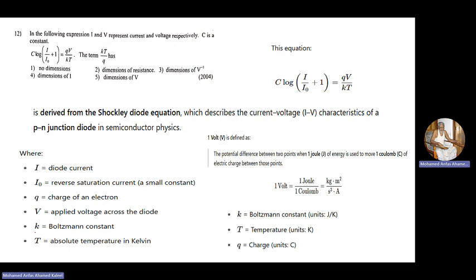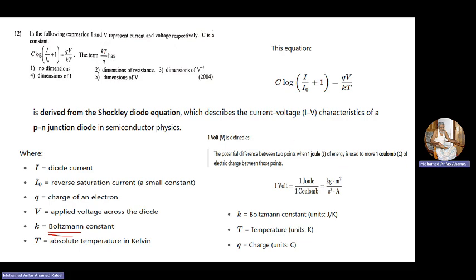Okay, the small k is the Boltzmann constant, and T is the absolute temperature in Kelvin. So by understanding this formula and the dimensions of its terms, we can derive the dimensions of kT over q.